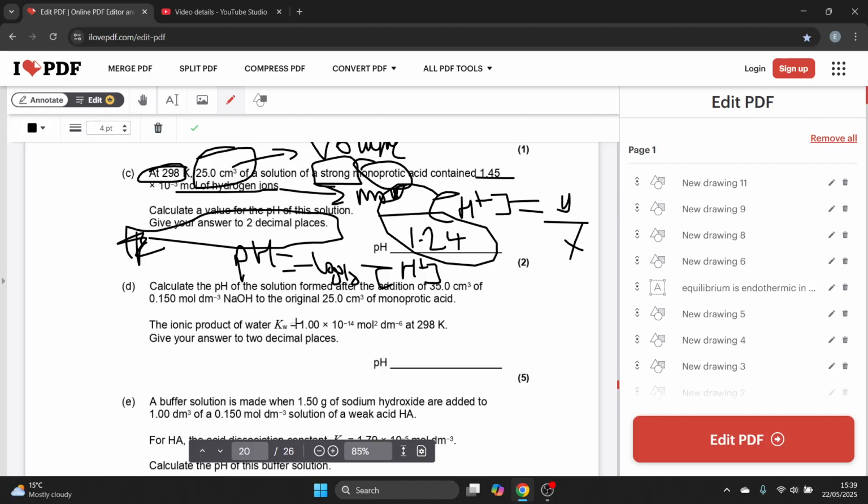So I've got the moles of sodium hydroxide, which is 5.25 times 10 to the power minus 3.